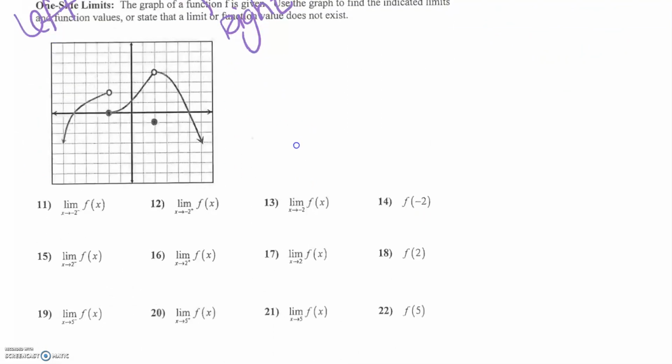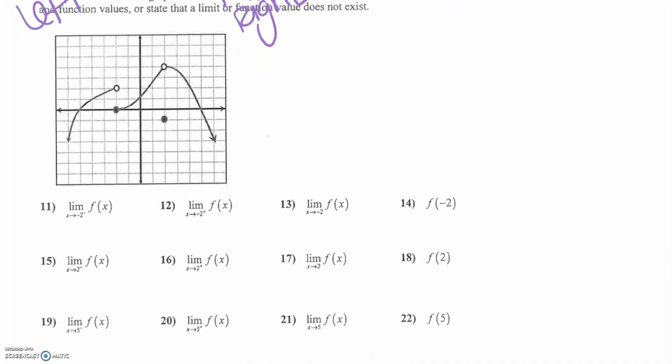First one wants to know, what is the limit of f of x if x is coming from the left as x approaches negative 2? So on this one, it's approaching 2. So the limit coming from the left is 2.